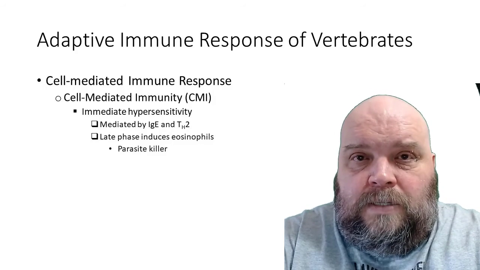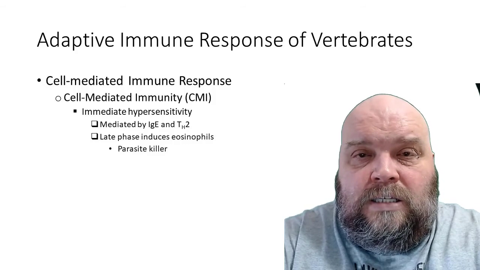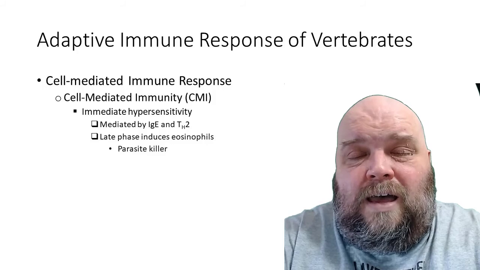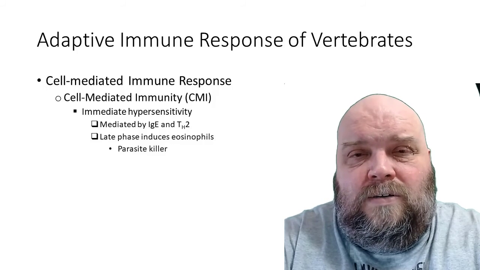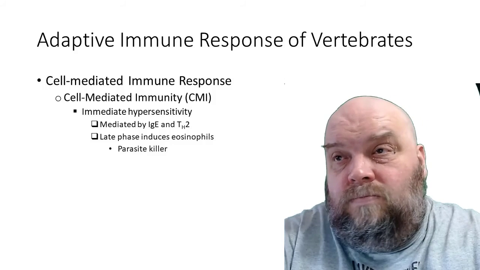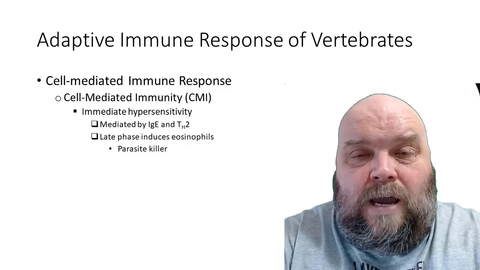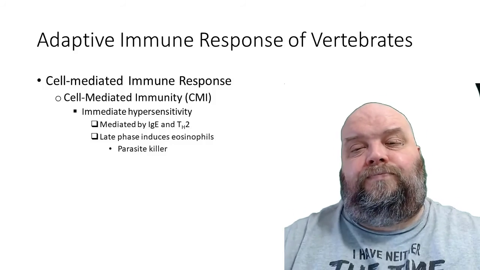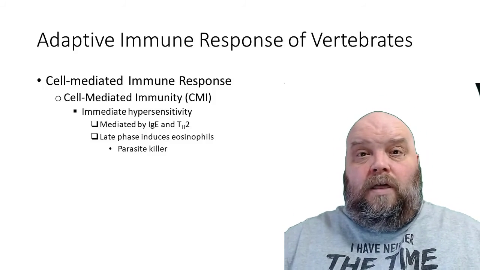Places where we don't have parasites. So it turns out this IgE, this immediate hypersensitivity that we've been evolving to have for the past few million years, has got to have something to work against. So tree pollen, grass pollen, dog dander, things like that have now become the targets.